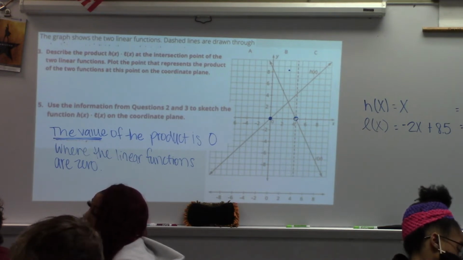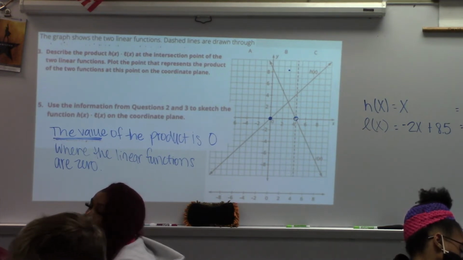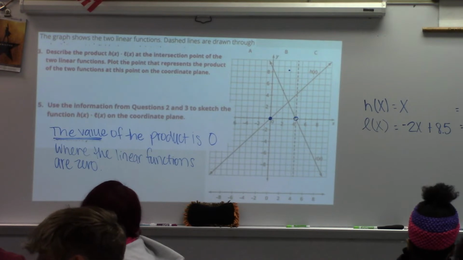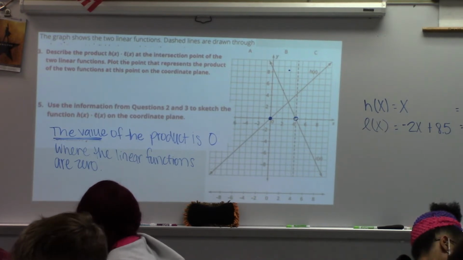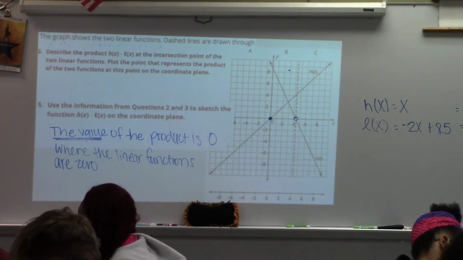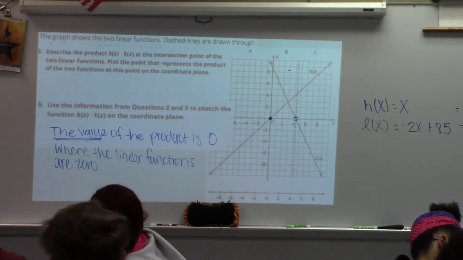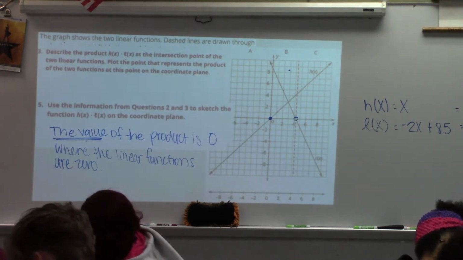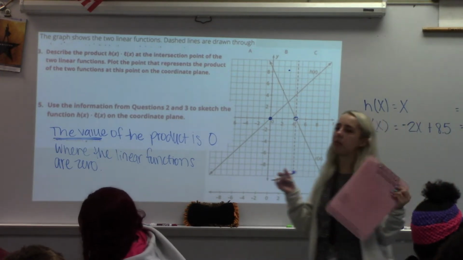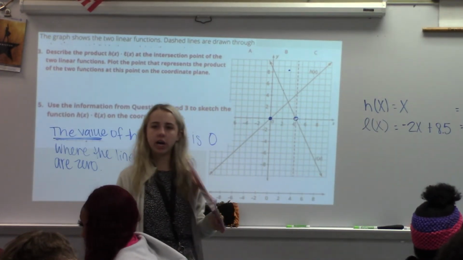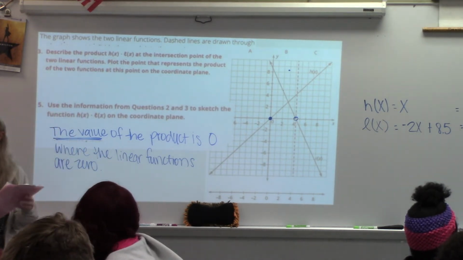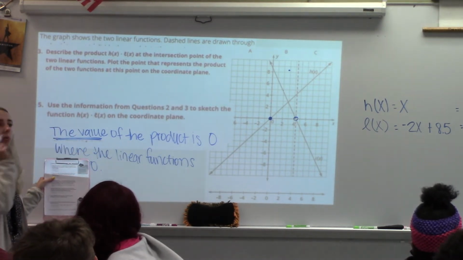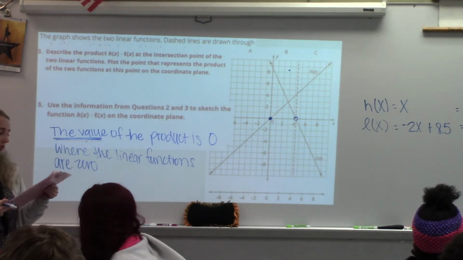Okay, so number 5 tells us to sketch the new function using your information from 2 and 3. Looking at 2, it tells us if the function's going to be positive or negative in certain regions. 2b tells us more specifically where we can plot some points in the regions.